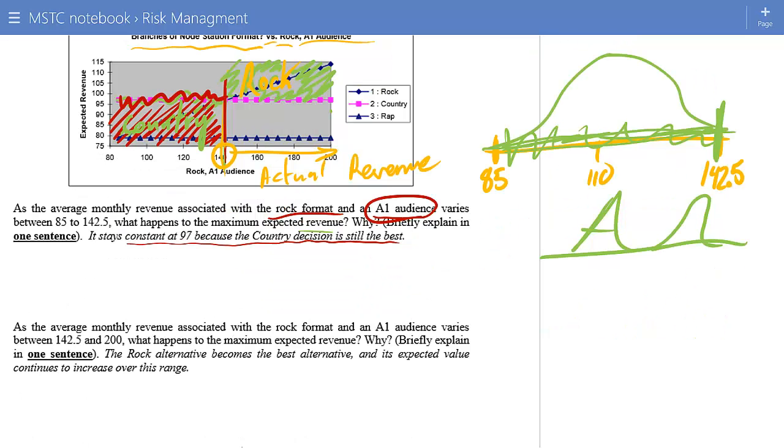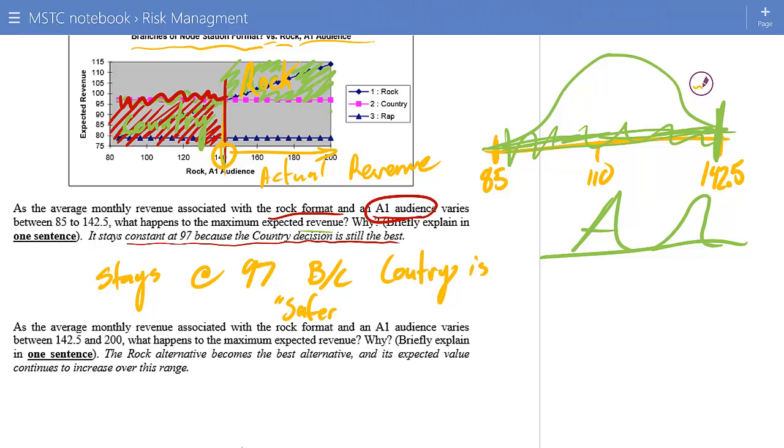So that answers the next part of the question. It stays at 97 because country is safer, meaning you have a higher EV by still choosing country.